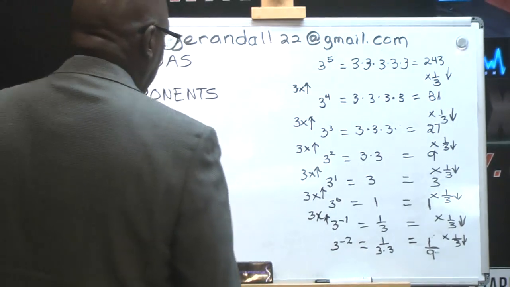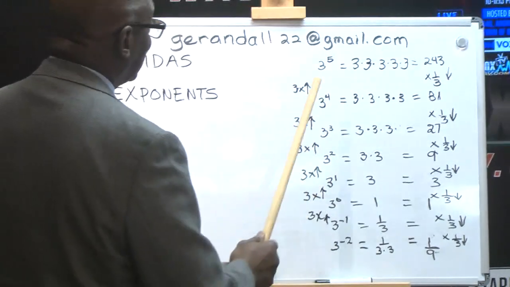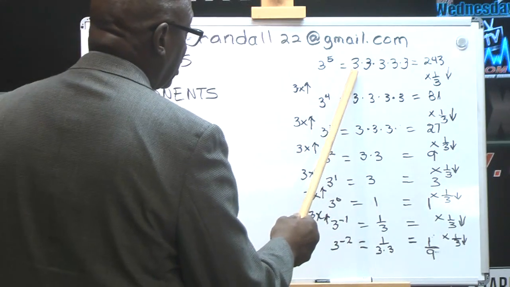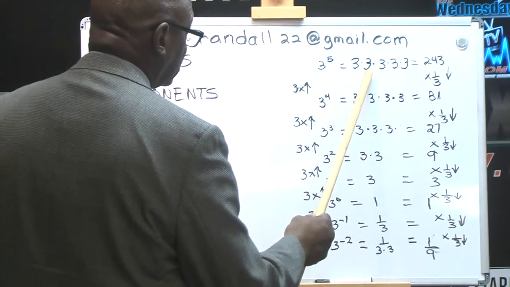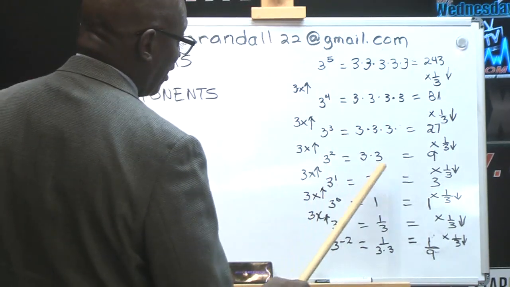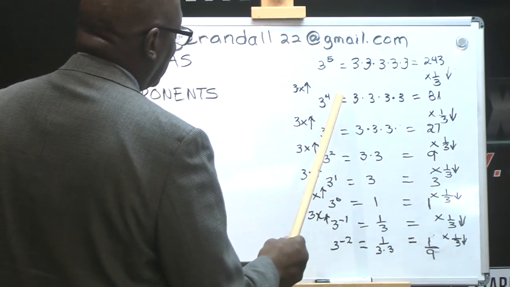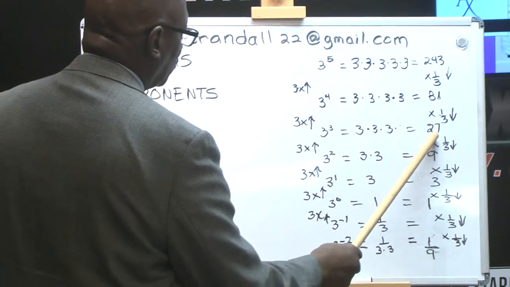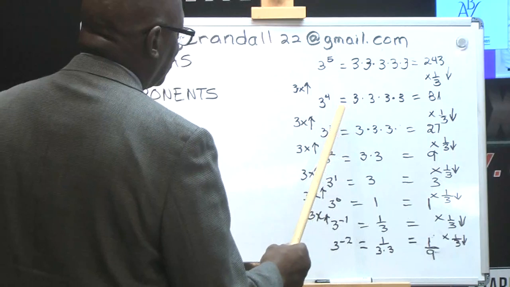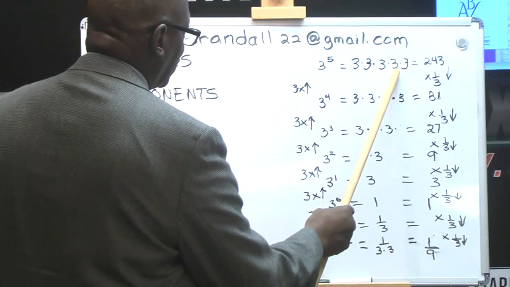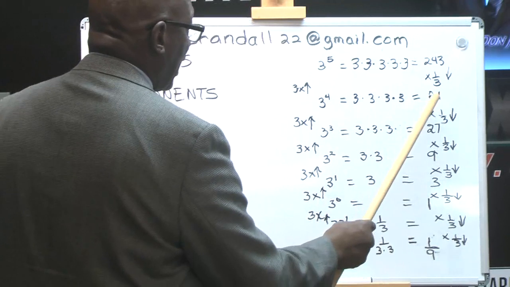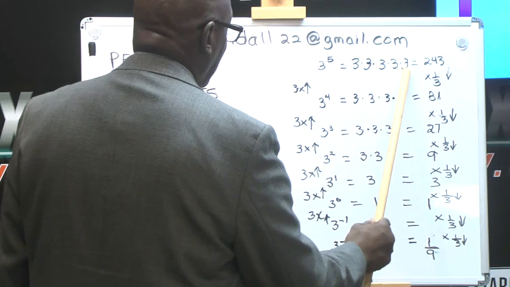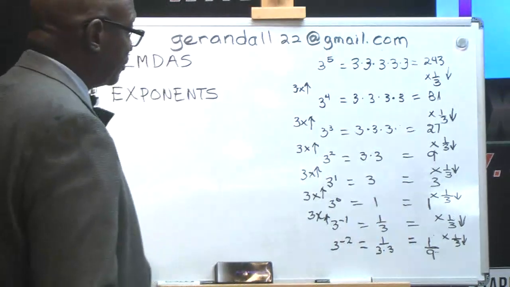Again, as I've written, that means the base is 3, and we're going to repeat 3 5 times. 3 times 3, as you can see down here, 3 to the 2nd power is 9. 3 times 3 times 3, which is 3 to the 3rd power, 27. And 3 times 3 times 3 times 3, which is 3 to the 4th power, 81. And then, of course, 3 to the 5th power, which totals 243.